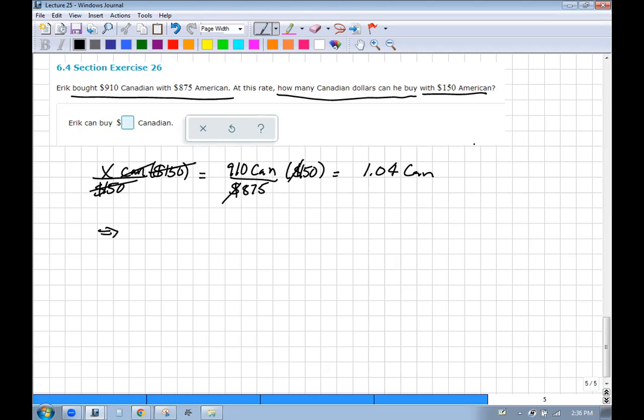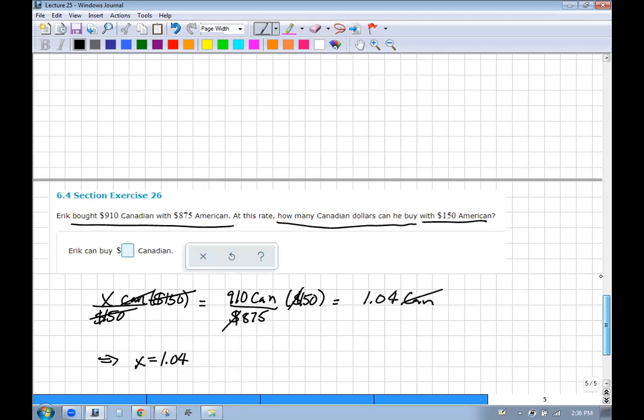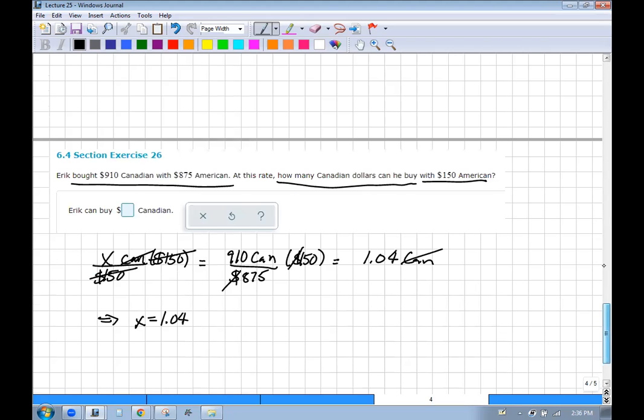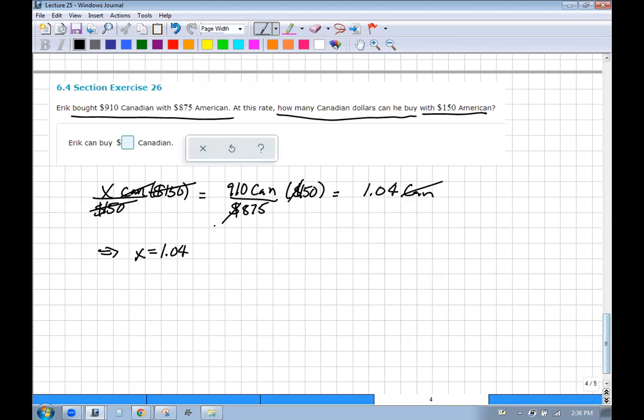So X is 1.04. This is acceptable work here, okay? I mean, it didn't go into all of this, right? But this actually has all the same math. This showed every thought that I had in my head along the way.